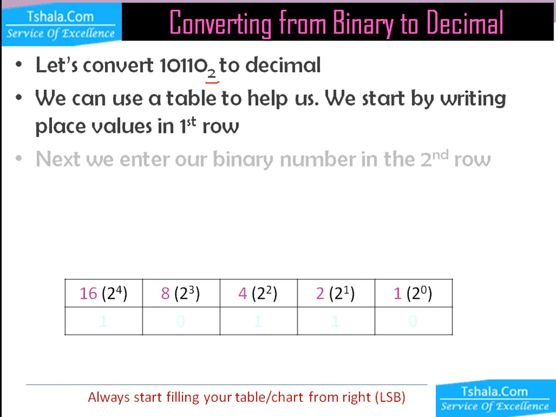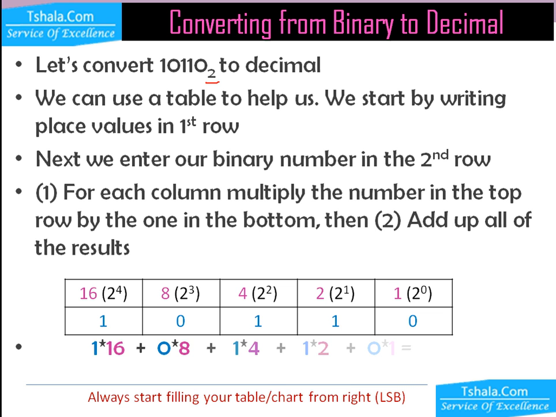Now, in the second row, we write the actual binary number we are going to convert. For each column, we multiply the number in the top row by the one in the bottom, or vice versa. The result will be exactly the same.